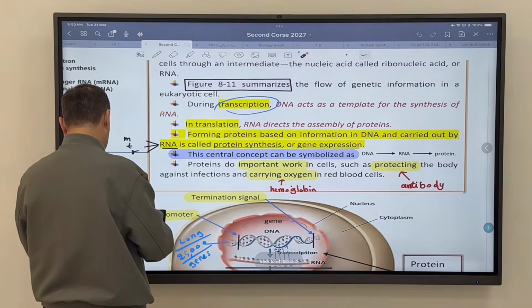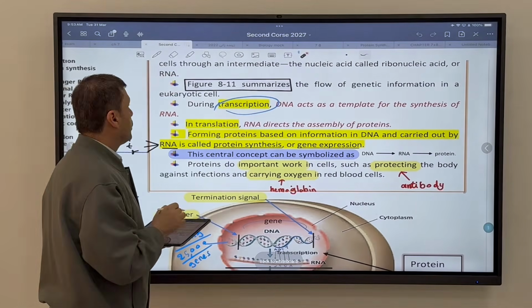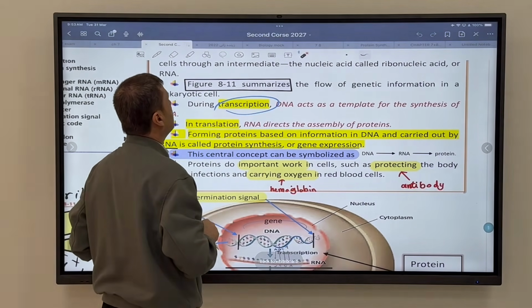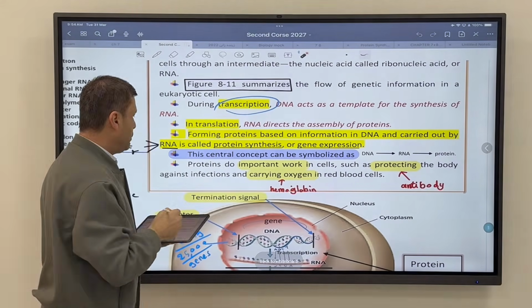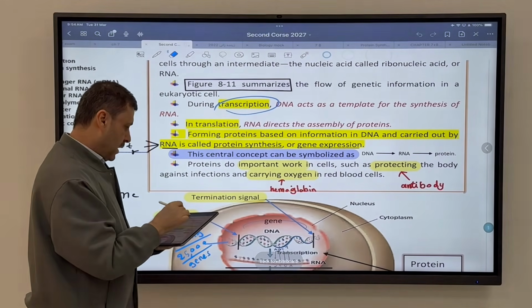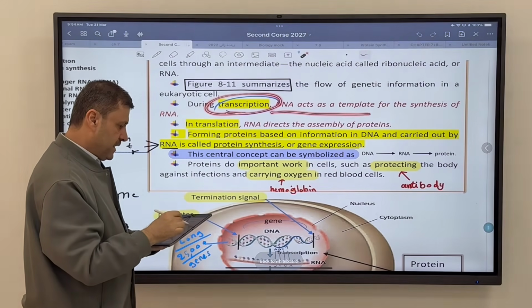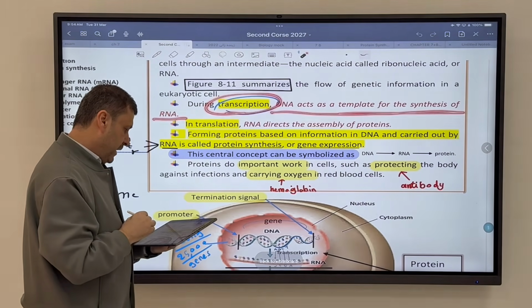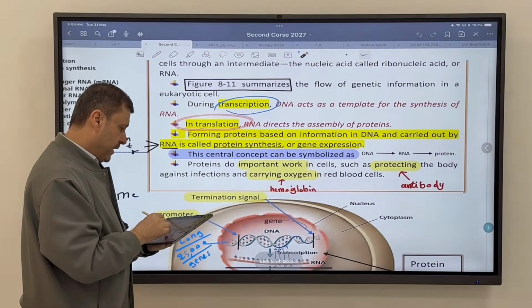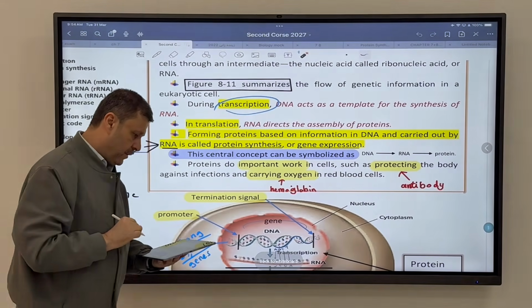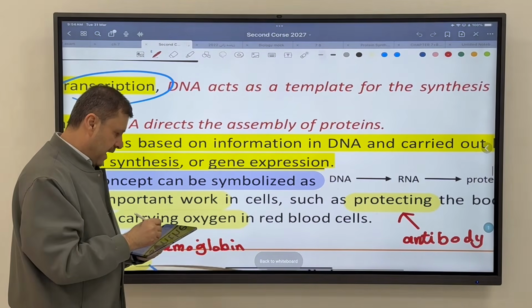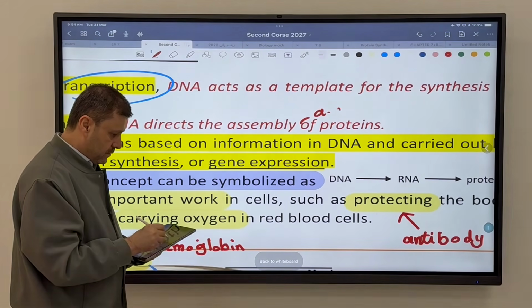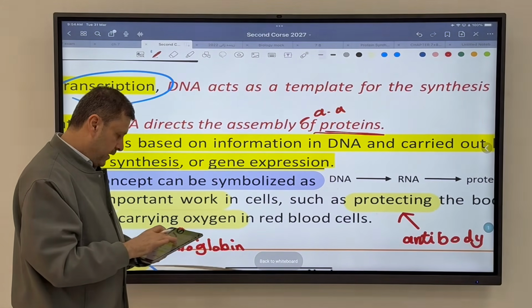Look, Figure 11a summarizes the flow of genetic information in eukaryotes. During transcription, DNA acts as a template for synthesizing what? The RNA, and during translation, the RNA directs the assembly of the proteins. Also, you can see the assembly of amino acids in the proteins, okay?